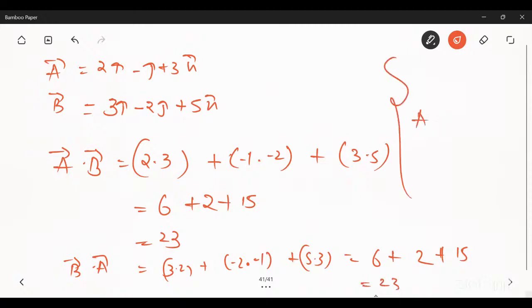We conclude from here that a dot b is equal to b dot a. So what are the properties? First property is a dot b is equal to b dot a.